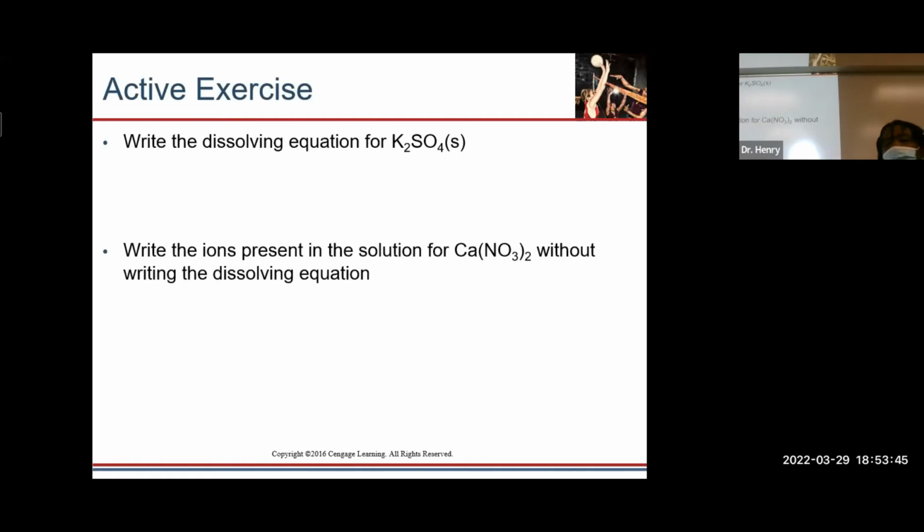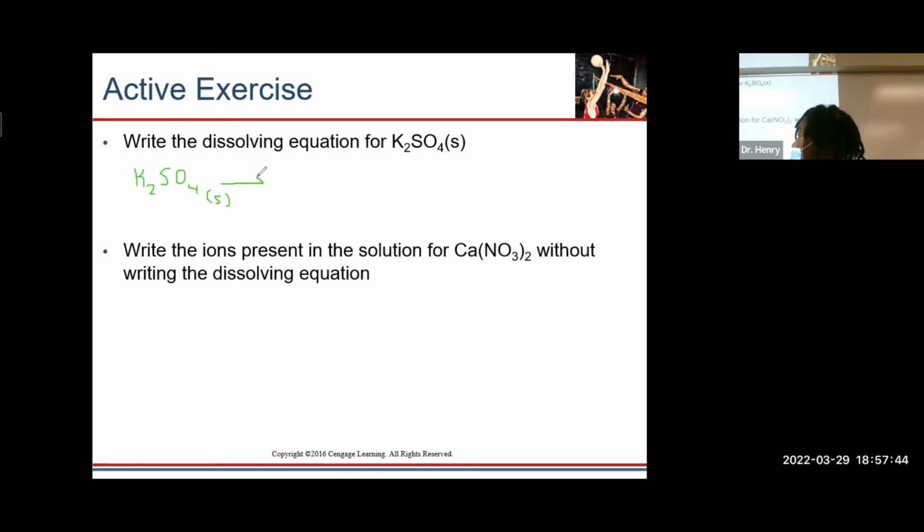I want you guys to write the dissolving equation for potassium sulfate. Okay, so we start off with what we're given: K2SO4, and we know that that's going to be a solid.